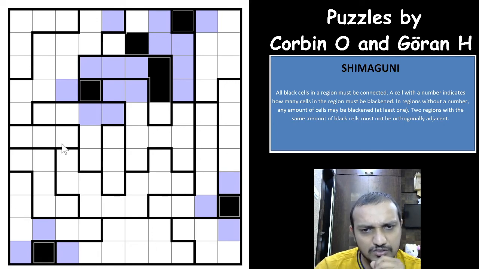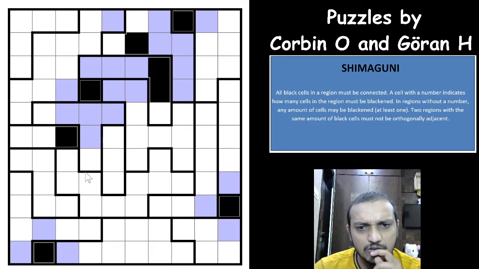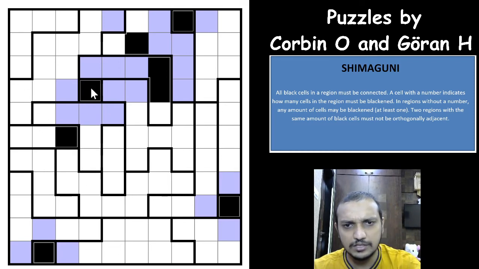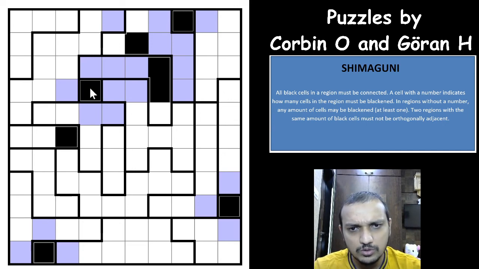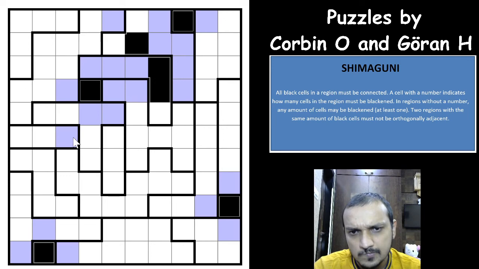Okay, if I shade this cell, both of these become unshaded and only one cell remains shaded, but you already have one cell shaded here, right? So you cannot shade this cell.